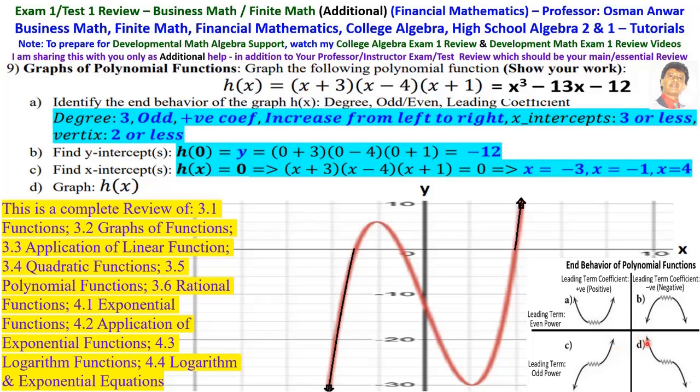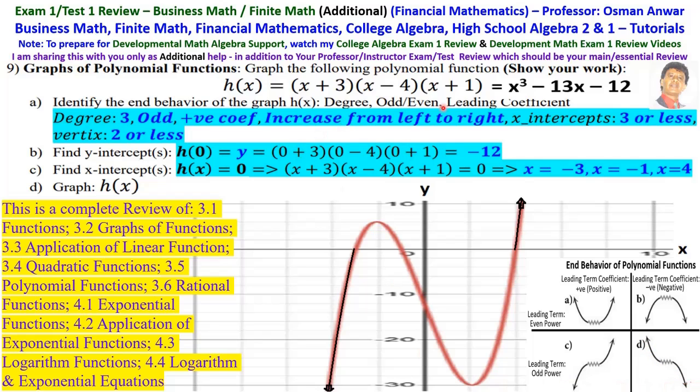And if it is odd power and its coefficient is negative, for example minus 6x to the 9, then it will decrease from left to right.